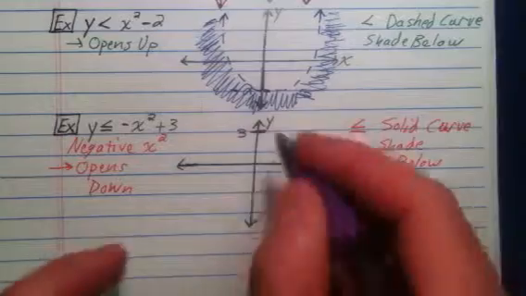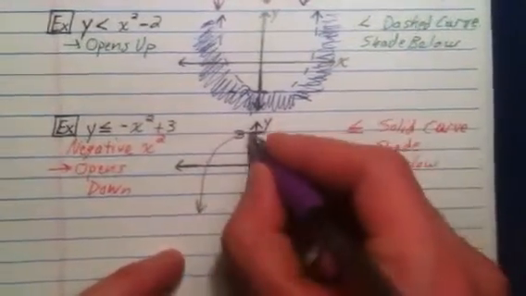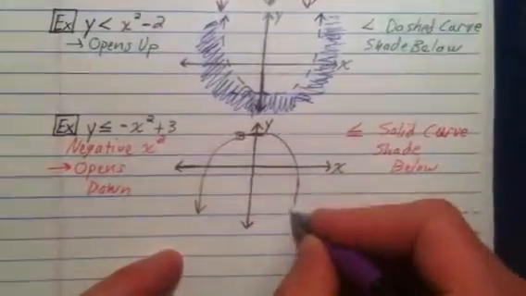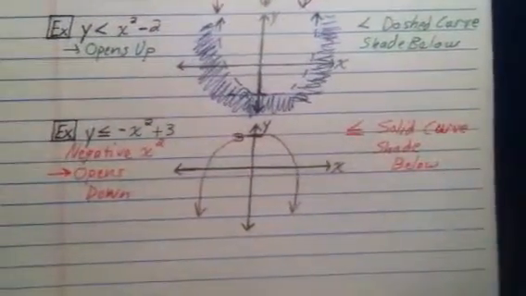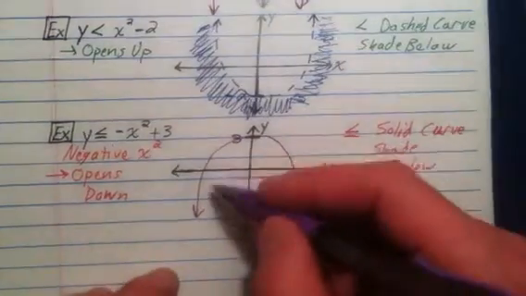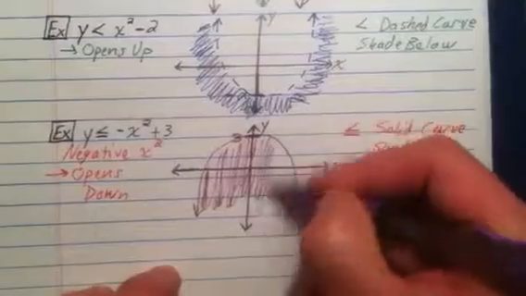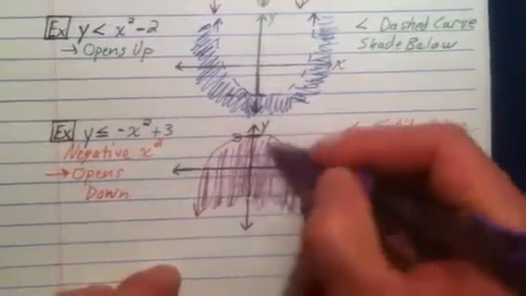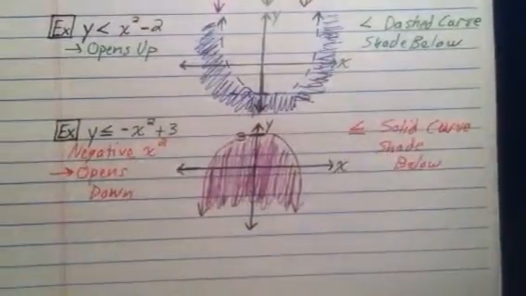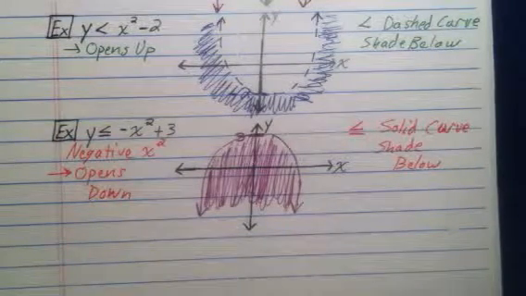Okay. So our parabola is going to open down. It's going to be a solid curve, not a dotted curve. So it's going to look like this. And shading below the parabola would be everything inside of it. Okay. Like a full head of hair.